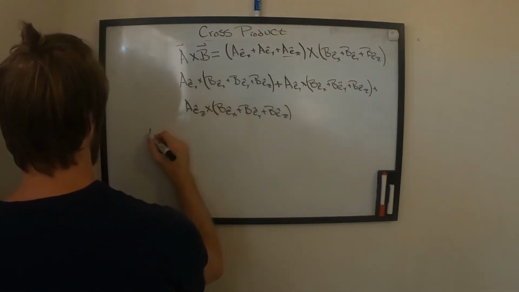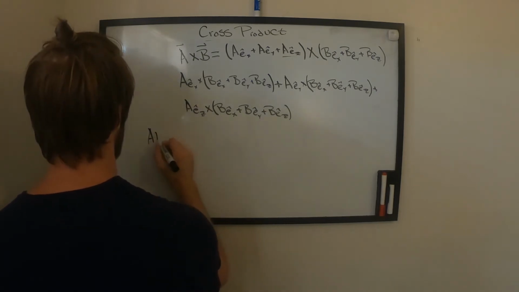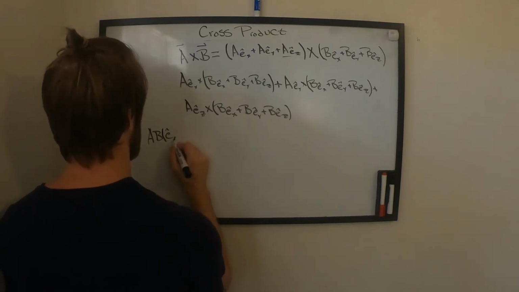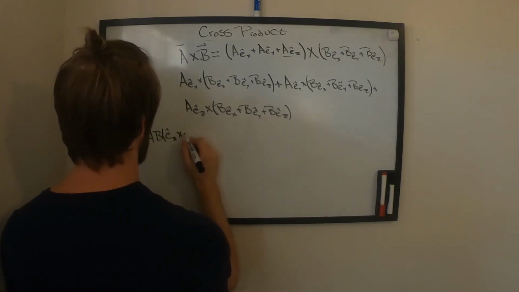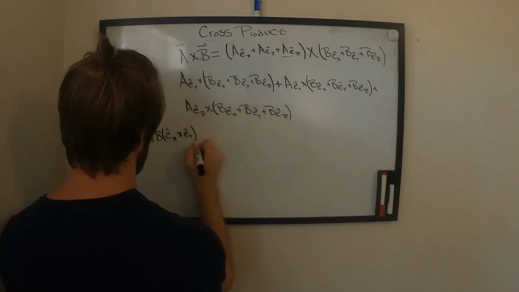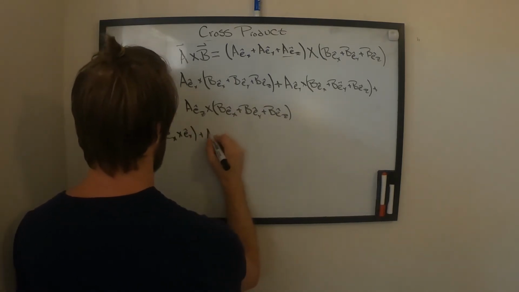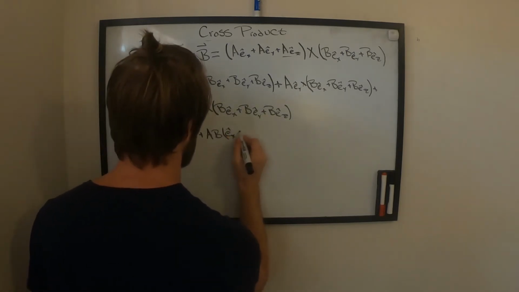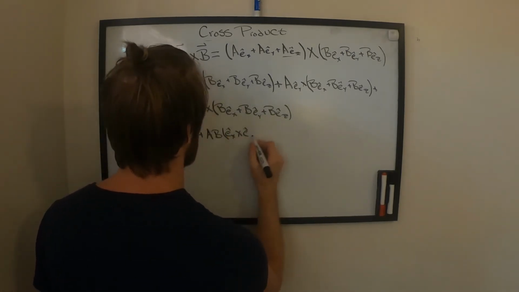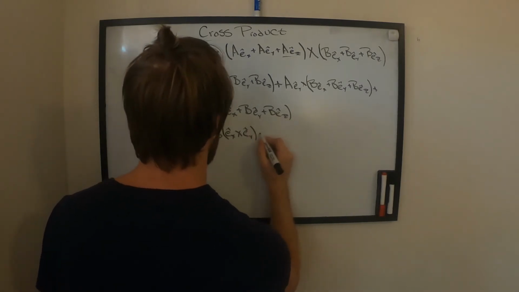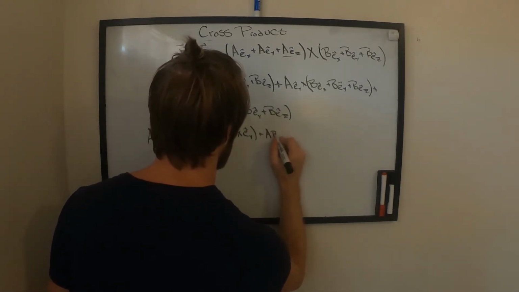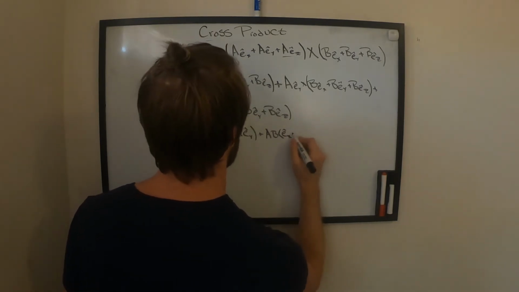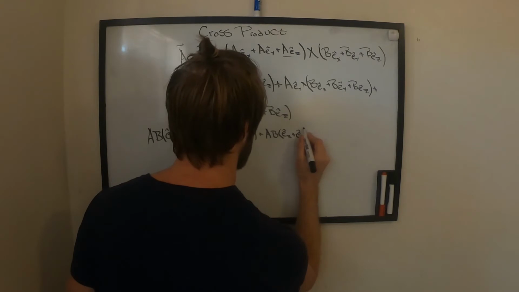So AB, which is going to be e-hat x cross e-hat x plus AB, where it's going to be e-hat x cross e-hat y plus AB, where it's going to be e-hat x cross e-hat z.